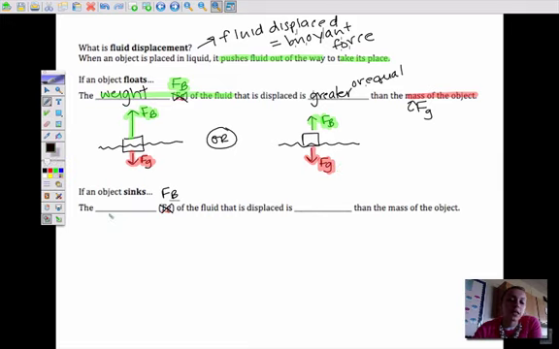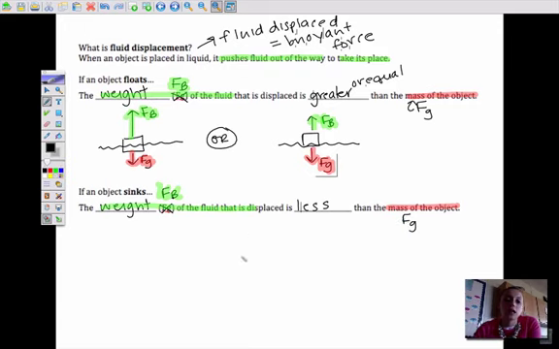If the object sinks, that means the weight of the fluid that's displaced, so our buoyant force, is going to be less than the mass of the object. So again, this is our weight of the object. So we have weight of the fluid displaced versus weight of the object again.